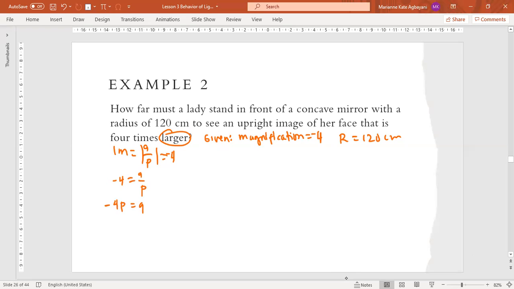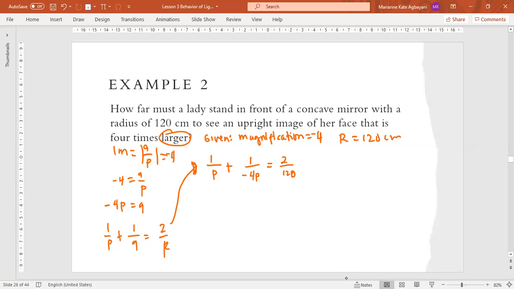Since we already know that 1 over P plus 1 over Q is equal to 2 over R, we have here 1 over P, what is our P? We have 1 over P, plus, what is our Q? We have 1 over negative 4P, equal to 2 over 120.